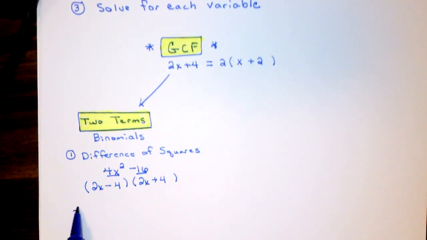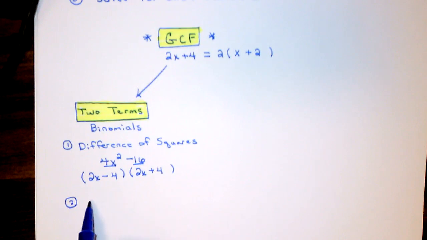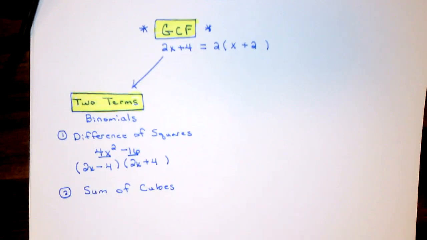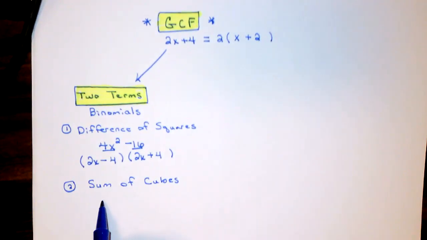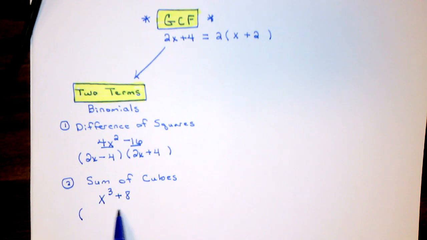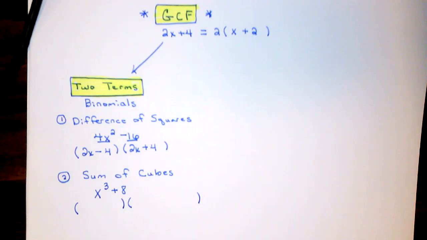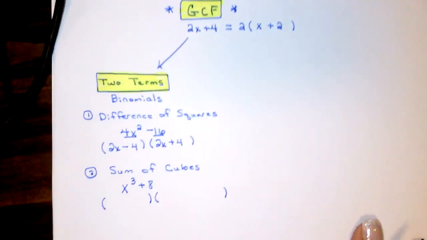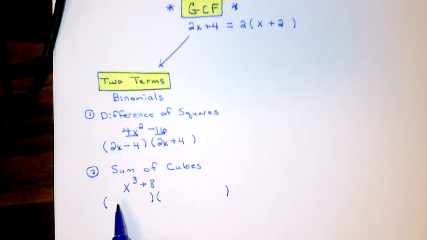Okay. Second, you might encounter what's called a sum of cubes. Now, cubes means 3. So if you were to have x to the third plus 8, when you factor a sum of cubes, you always get a bi and then a tri. So this is going to factor to the cube root of x to the third is x.